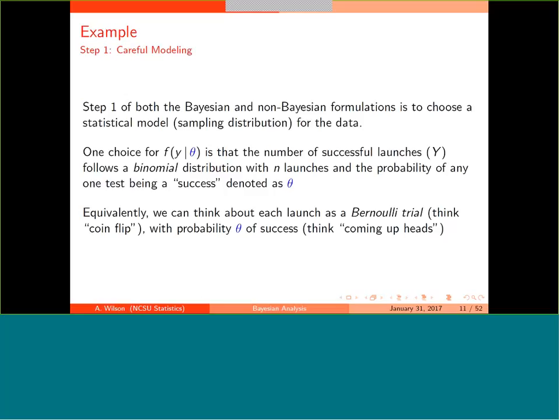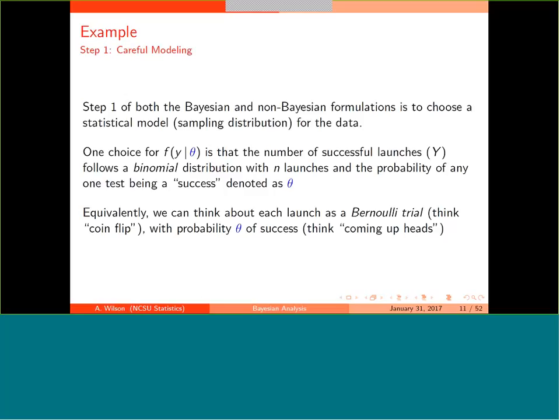If I'm using notation, I'll use the notation you see on the slides, which is f of y given theta. And so what does that actually mean? What that means in mathematical shorthand is: what is the probability distribution of what I expect to see?